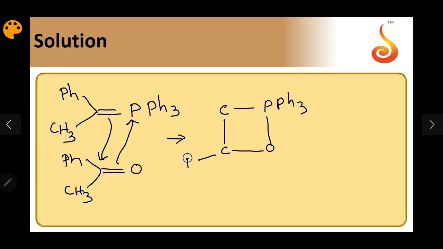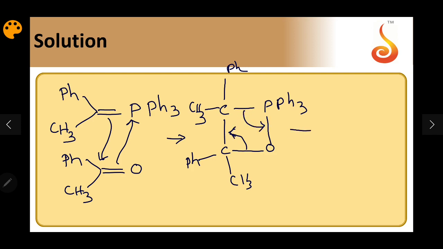This will have Ph and CH3, and this will also have Ph and CH3. The cyclic ring breaks depending upon the orientation. You can get both cis and trans alkenes for the compound, though it is syn elimination. Like this, it will eliminate and the cyclic ring breaks.